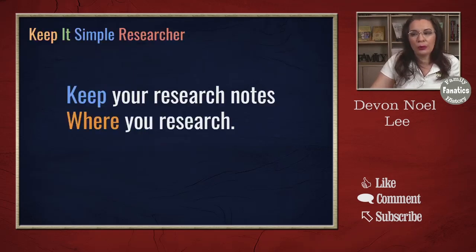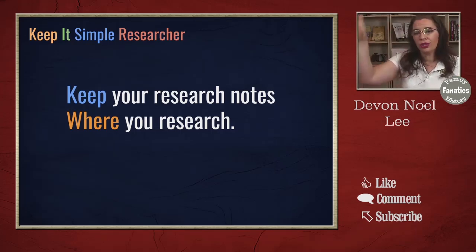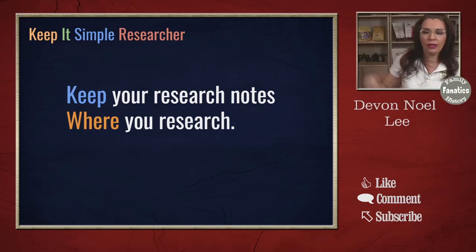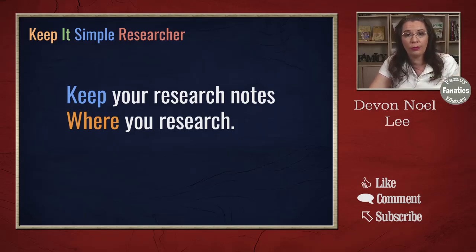I want you to keep your research notes where you research. So there are a lot of other strategies. They say put your research notes here and put your research notes here and keep your records here, and just everything's everywhere. But I'm all about simplicity because I lose things like crazy. So we're going to keep our notes where we research.